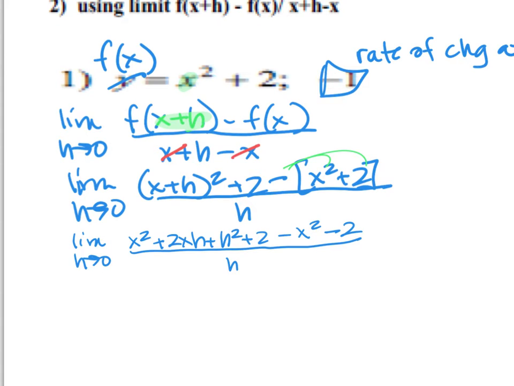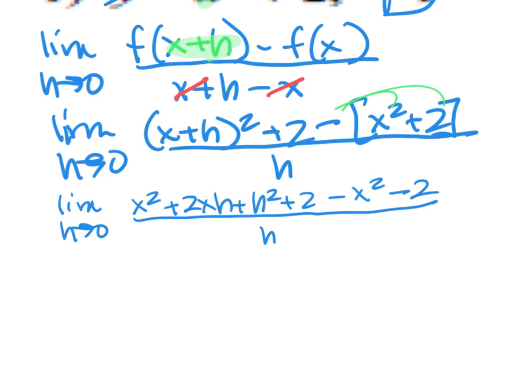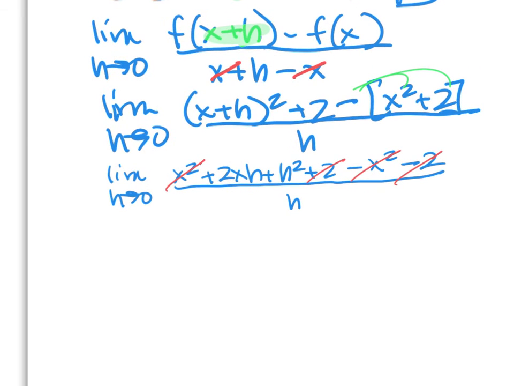Then what you want to look for are terms that can be simplified. This one goes to 0, and the plus 2 and the minus 2 go to 0. 9 times out of 10, everybody, after you have simplified like terms, you are going to end up with terms left over with an h.